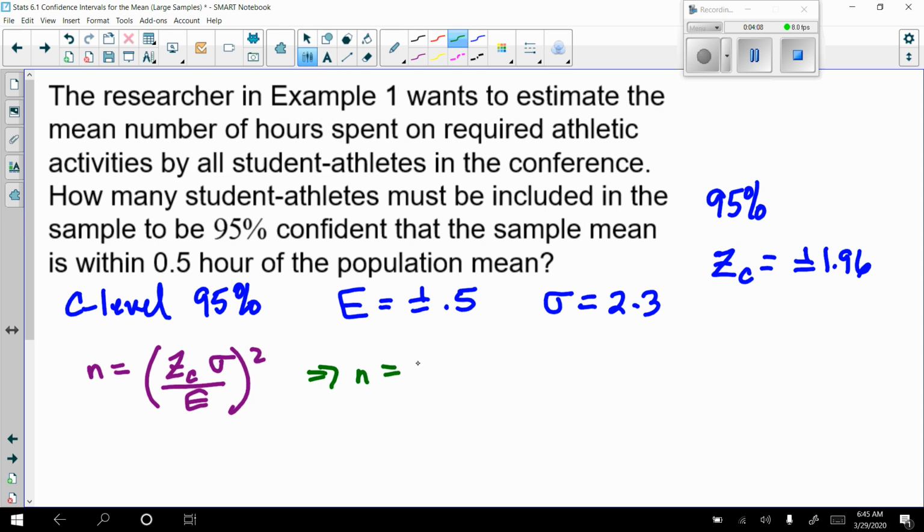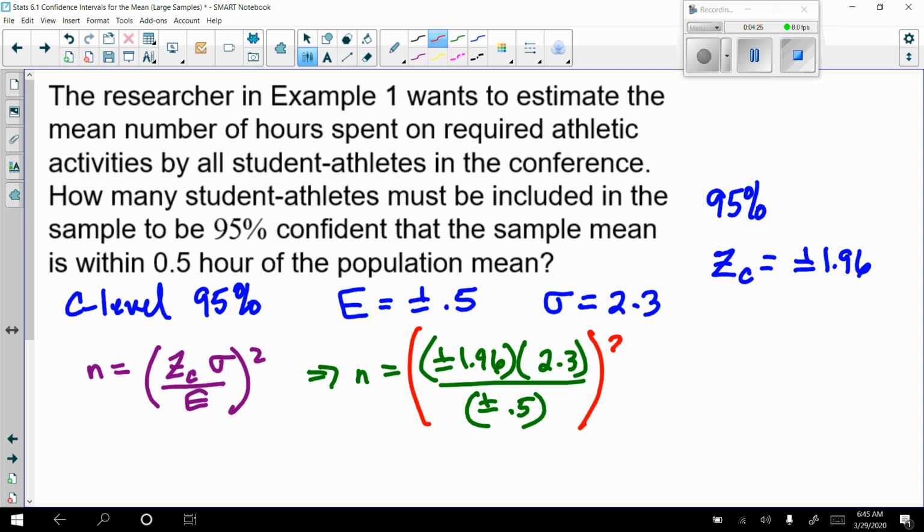So n is equal to plus or minus 1.96 times sigma, which is 2.3, divided by plus or minus 0.5. All of that is squared. When we plug that all into our calculator, we're going to get 81.288, which we round up to the nearest whole number.